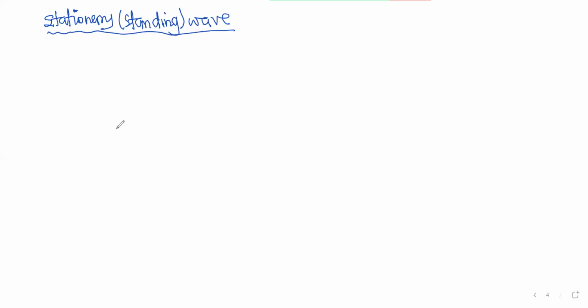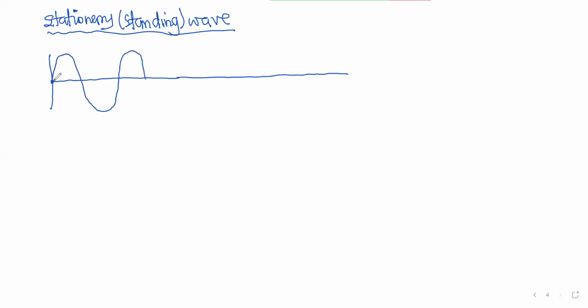So in stationary wave formation, the medium must be so small. So let me sketch a progressive wave, and then we'll give you a stationary wave. So in a progressive wave, if the wave starts from this point, it must be continuously propagated within the vast medium.